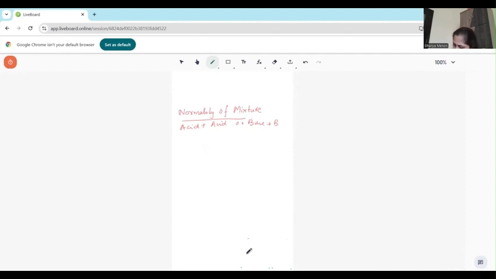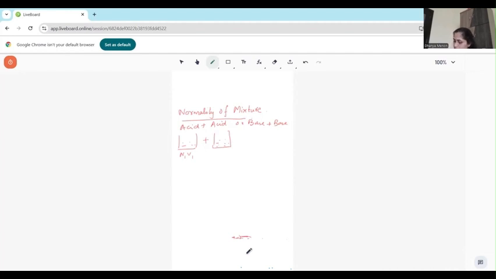Let's take acids now. This is an acid whose normality is N1 and volume is V1. I'm mixing it with another acid whose normality is N2 and volume is V2.